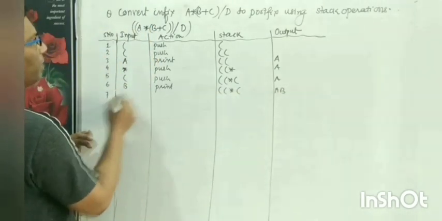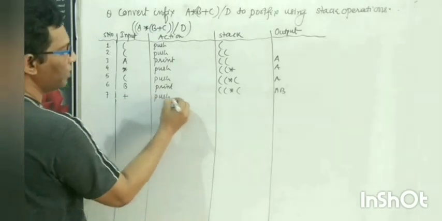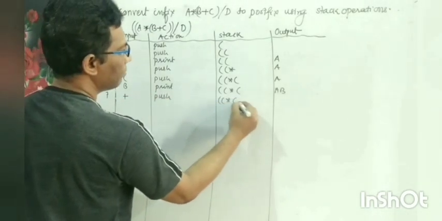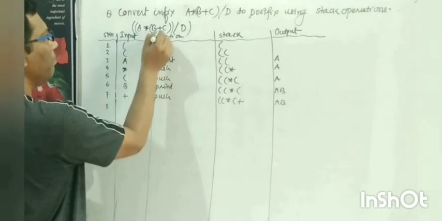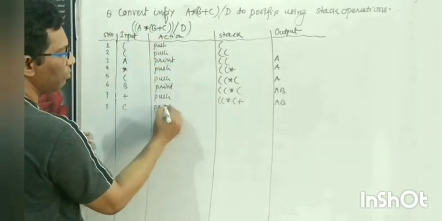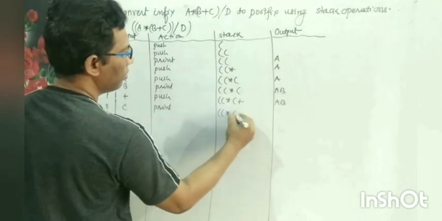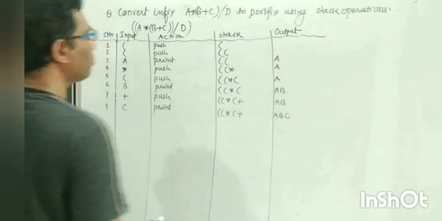In the seventh step, we have an operator plus, so we will push it to the stack. Output remains same. In the eighth step, we have a variable C, so we will print it to the output. Stack remains same and output becomes ABC.